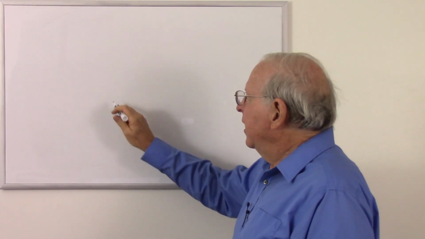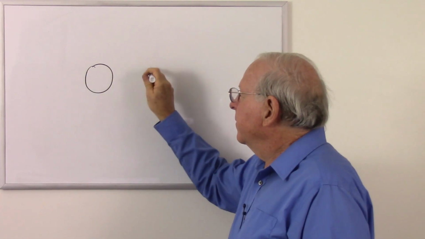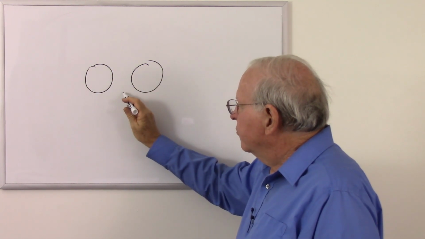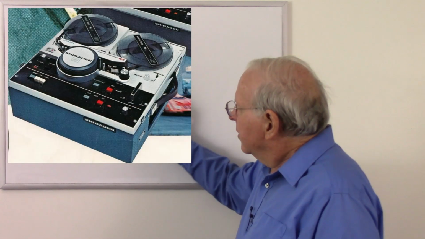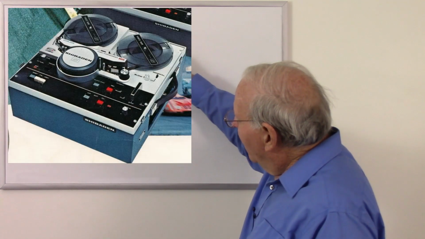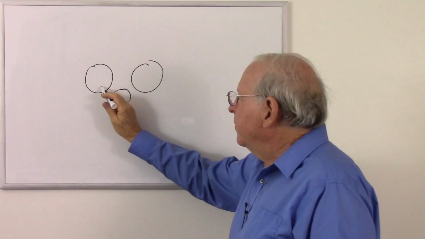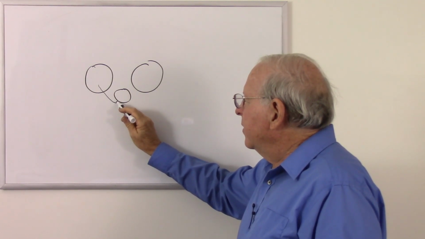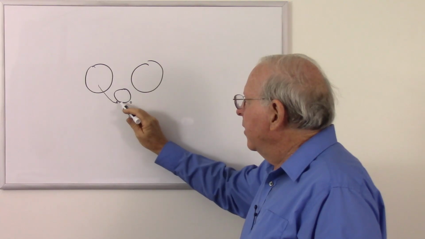So once again, we have the reels, and we have a head, but instead of the head scanning transverse, it was kind of not quite parallel to the reels. The tape would come across, and that would have a guide here and a guide here.